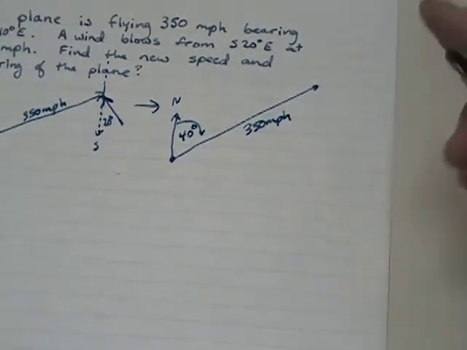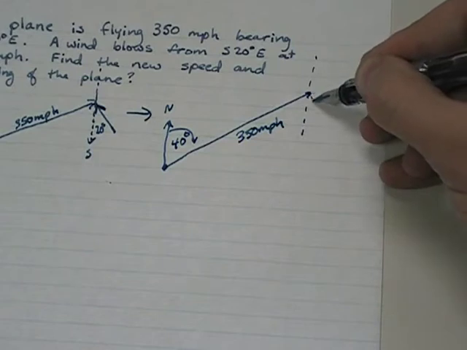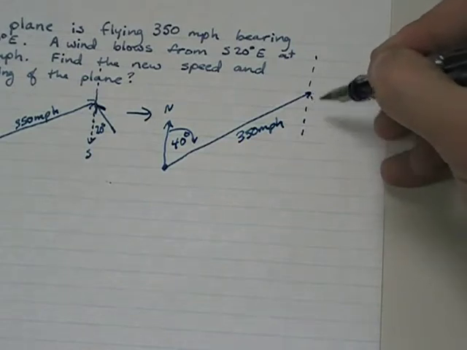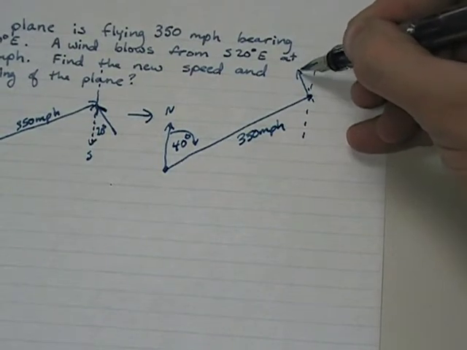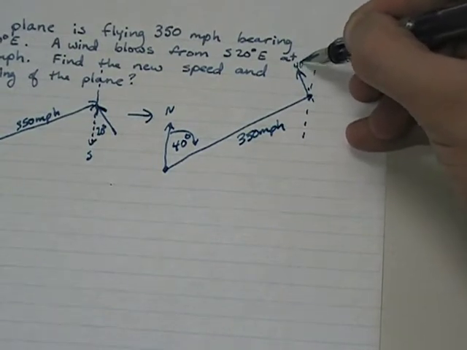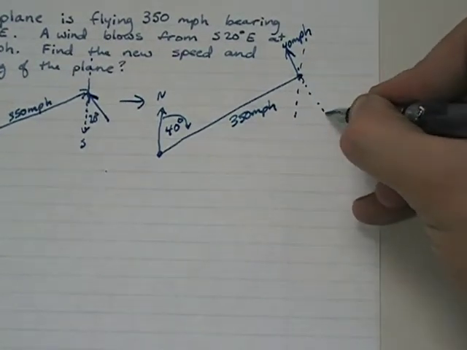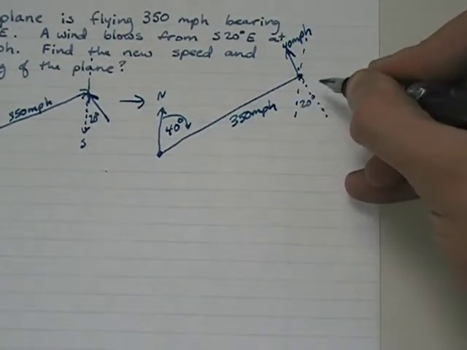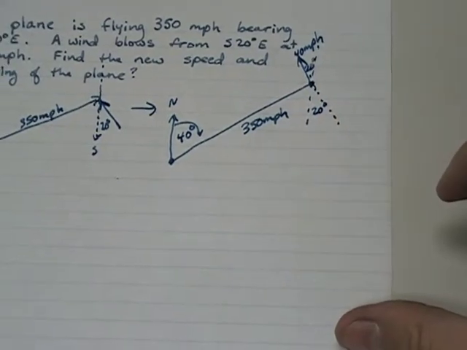But this time, instead of drawing my vector here and being connected at the head, I'm going to draw my vector here. And it's 40 miles per hour. And if this angle here was 20 degrees, this angle here will also be 20 degrees.